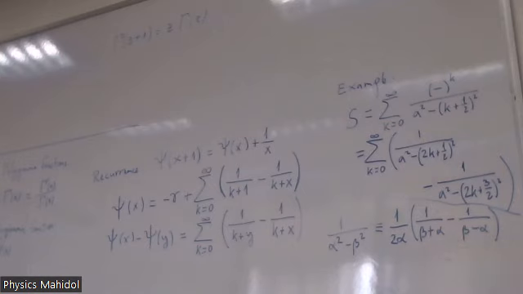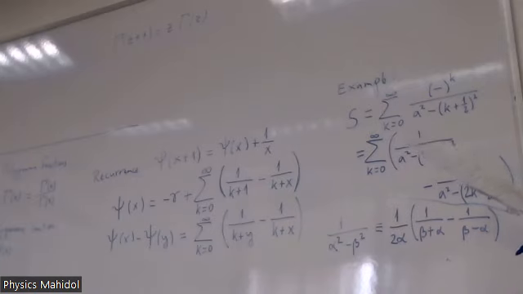So we can just change. You see, we don't have exactly that because this is 2k plus 1/2 squared and this is 2k plus 3/2 squared.